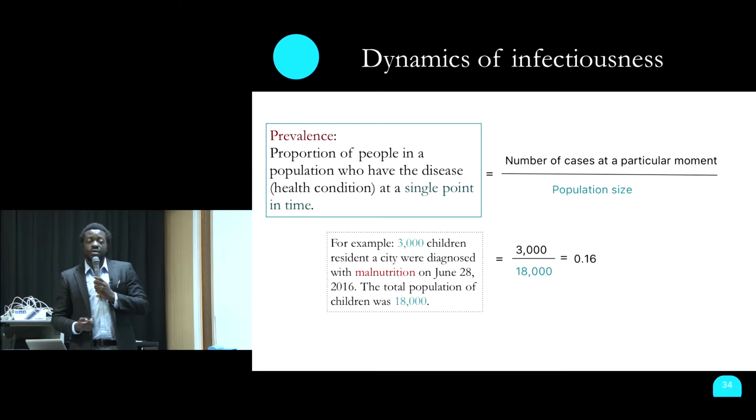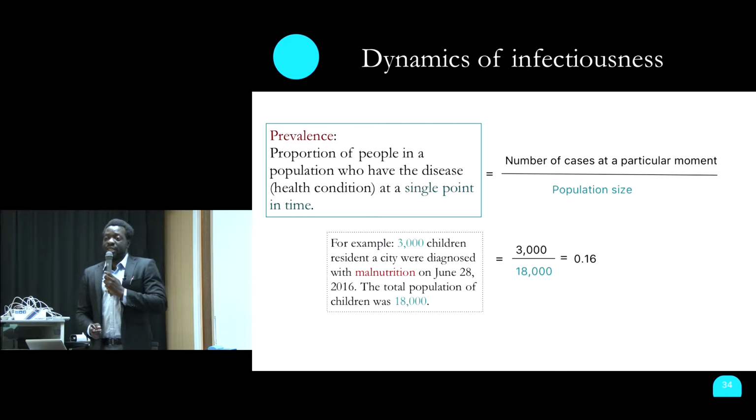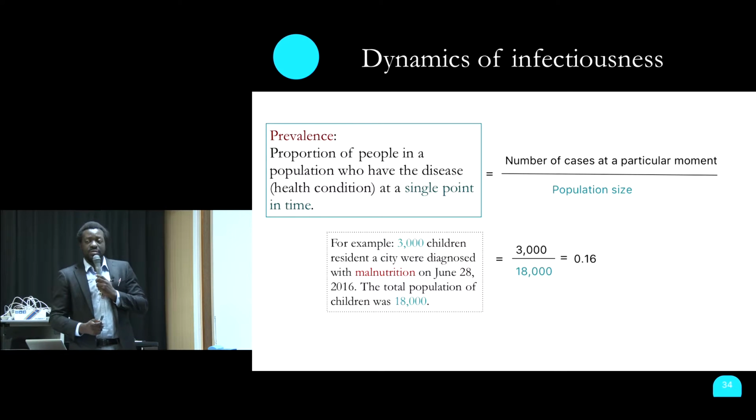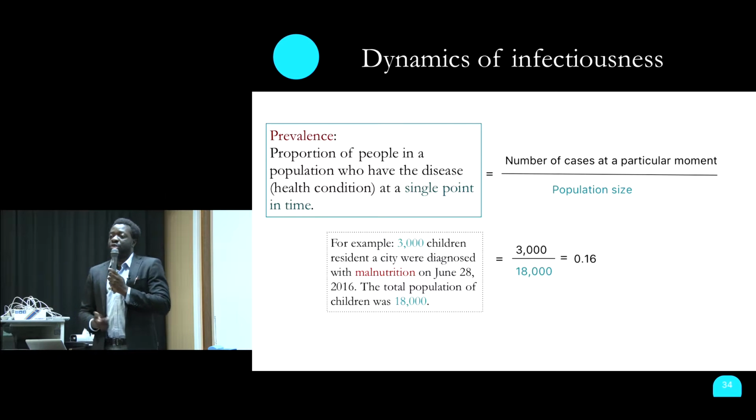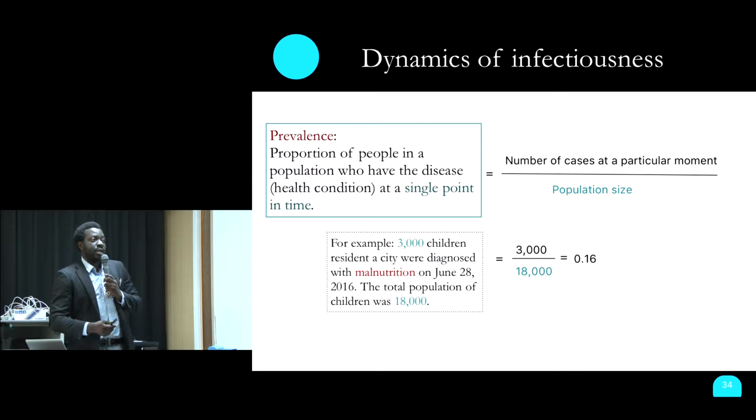For example, on June 28th, 3,000 children residents in a city were diagnosed with malnutrition, and the total population is 18,000. So if we want to measure the prevalence of malnutrition on that day, it is just 3,000 divided by the population size, which is 18,000. So this is how we measure prevalence, as a way to estimate disease status.